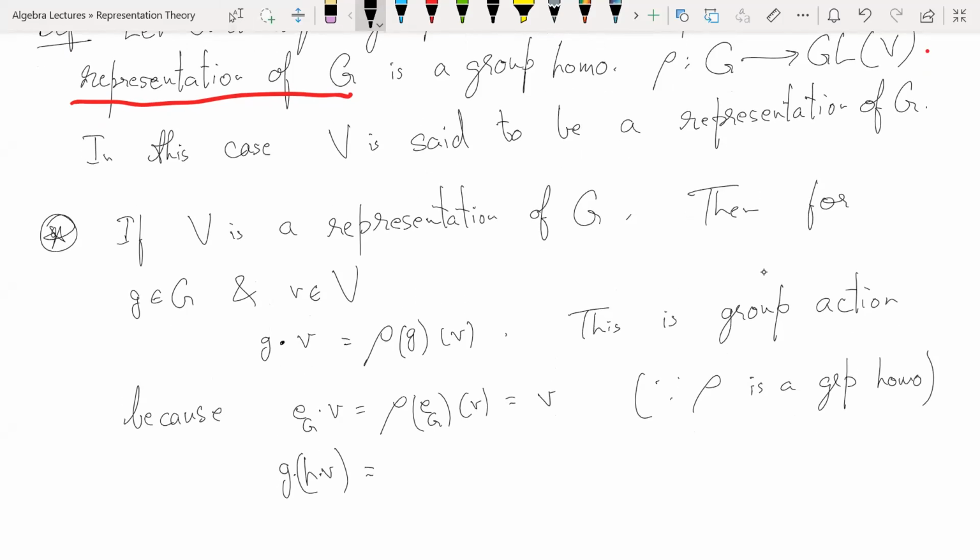So if you apply this, then h dot v is rho h evaluated at v, and so you get a vector. If you apply g to it, then it's rho g applied to this vector, and this is the same as rho g composed with rho h applied to the vector v.